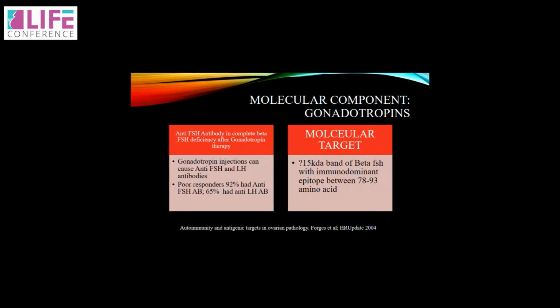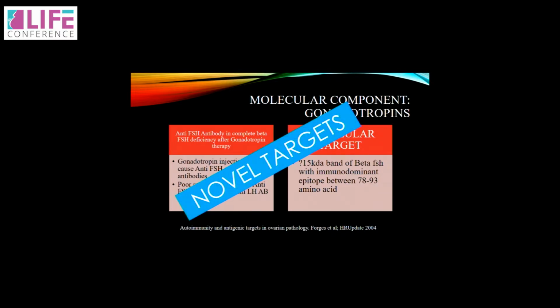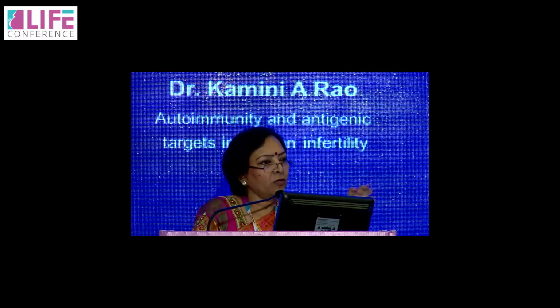So the molecular target here was the beta fraction of the FSH with an immunodominant epitope between amino acids 78 and 93. So these are novel targets that we see now, and one has to go more towards the poor responders, the non-responders, and have a look at why exactly you get an empty follicle syndrome.